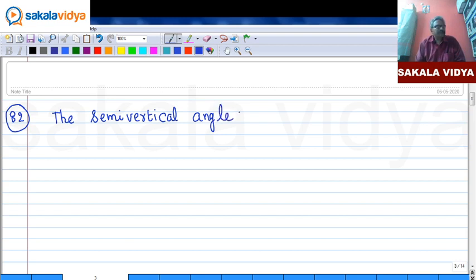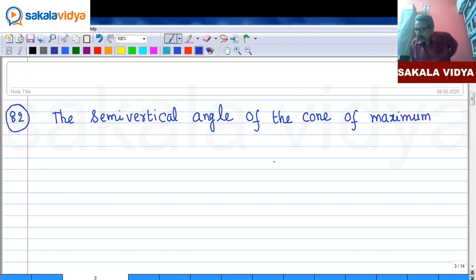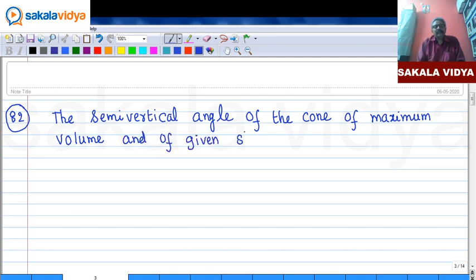Semi-vertical angle of the cone of maximum value and of given slant height.